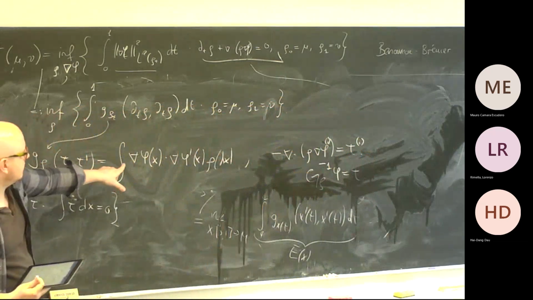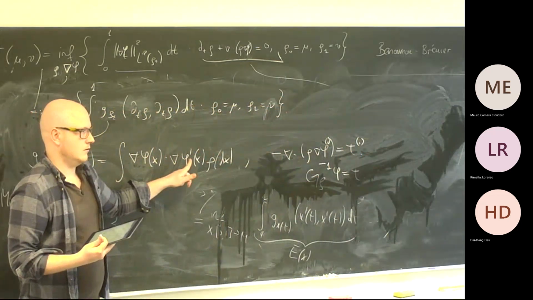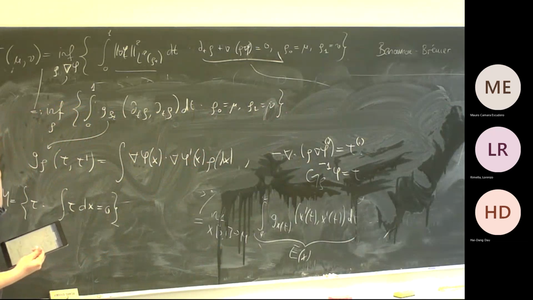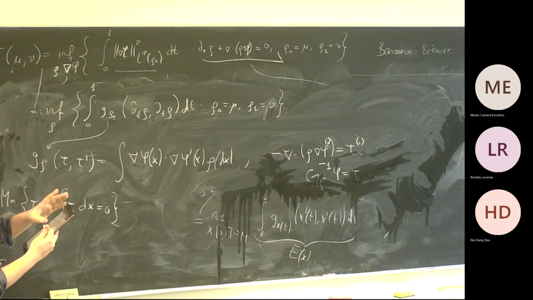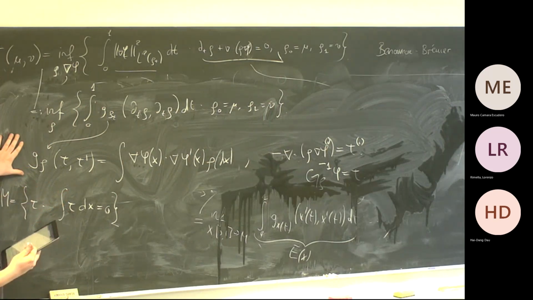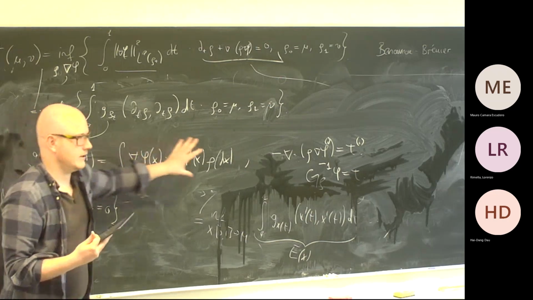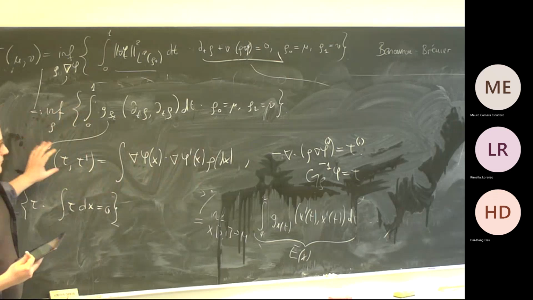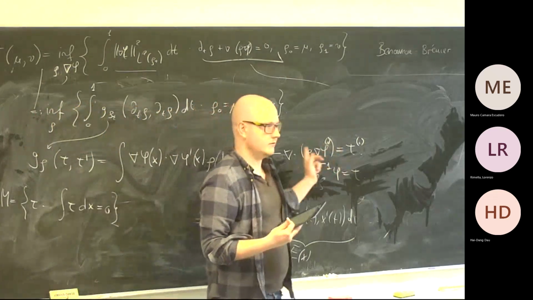For two different things, and then you can compute this. And this looks a little bit complicated, right? Because you have to solve this intermediate equation.